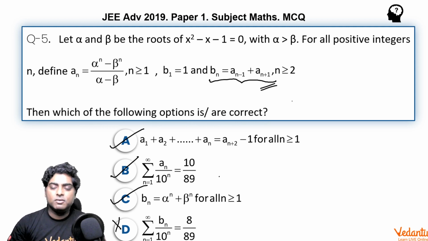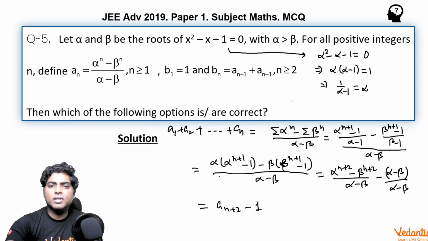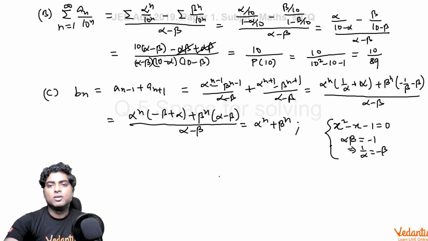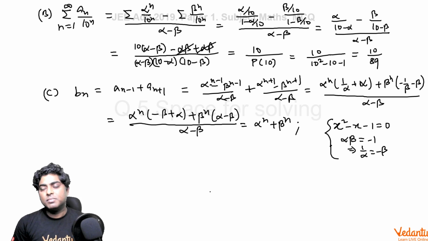But this is something for which we must give a proper, definite solution. It's not that we just observe it and do not give a strong proof. There's no difficulty in finding option D again.